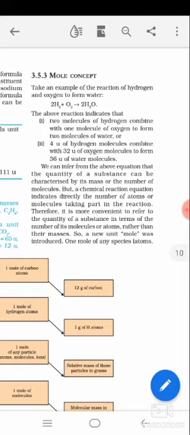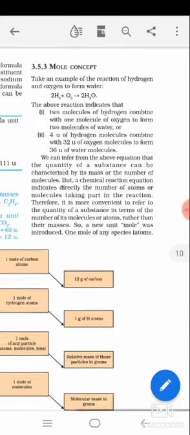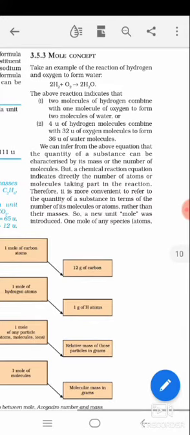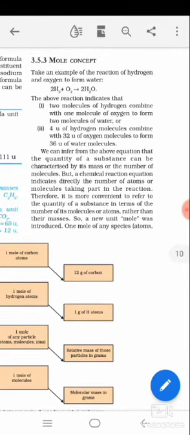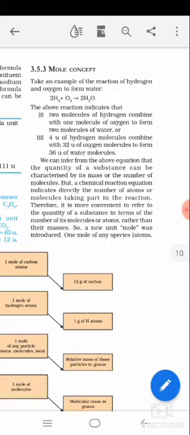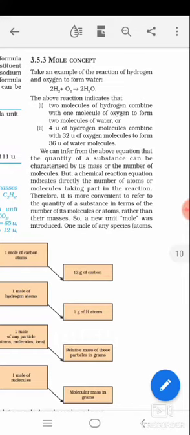In the first case we described the quantity in terms of number of molecules, and in the second case we described the quantity in terms of masses. 2 molecules of hydrogen with 1 molecule of oxygen to form 2 molecules of water, that is the description in terms of number. And in the second case 4 unit and 32 unit gives 36 unit, that is the description in terms of mass.